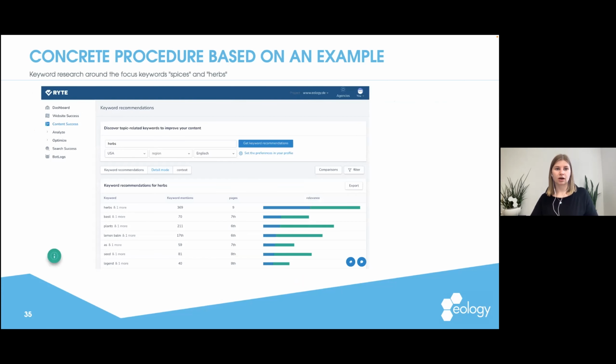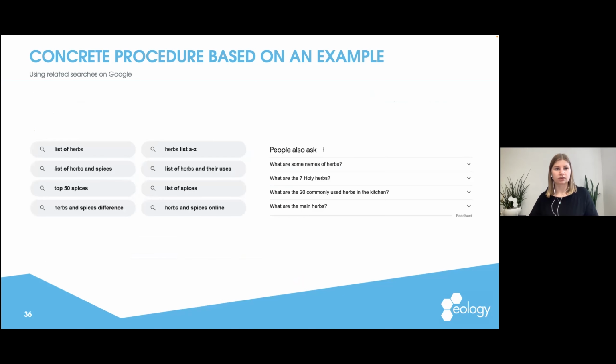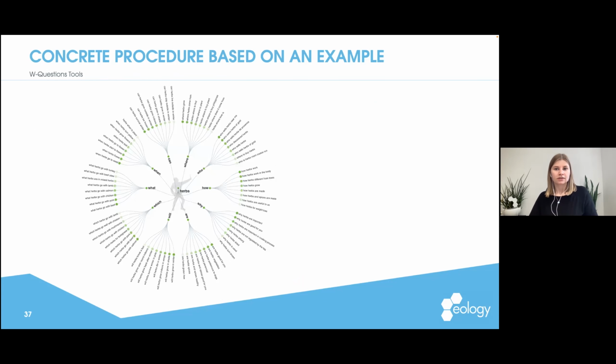First of all, we did our keyword research on our focus keyword, spices and herbs. For example, we used Write, but you can also use other tools, the tools you're familiar with. Then we also used the searches on Google, the similar requests that people also ask. This is an example of Answer the Public.